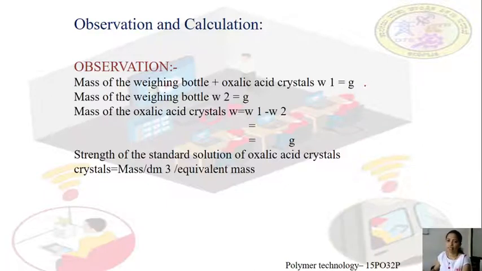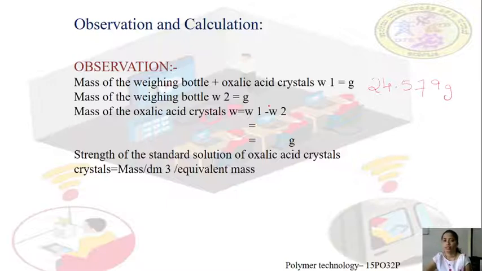Here we have to take the mass of the weighing bottle, and the mass of the weighing bottle plus oxalic acid crystal, that is 24.579 gram.